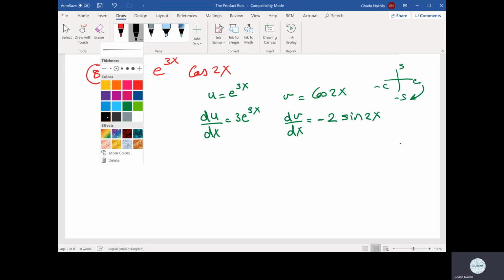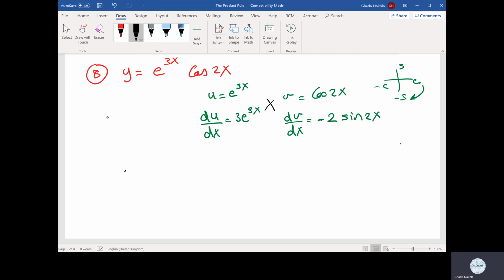And then we use the cross multiply. So dy by dx is equal to 3 cos 2x multiplied by e to the 3x. I like to write the e before, but it doesn't really matter as long as you use brackets or a multiply sign.